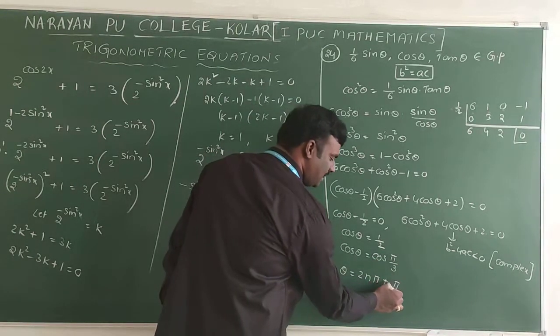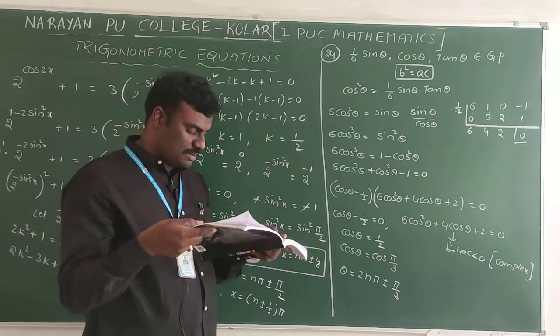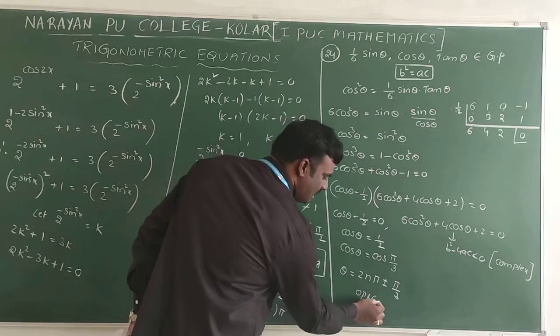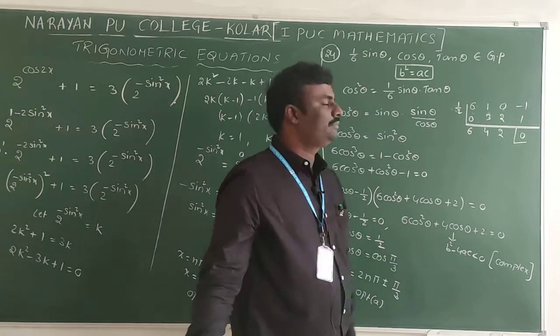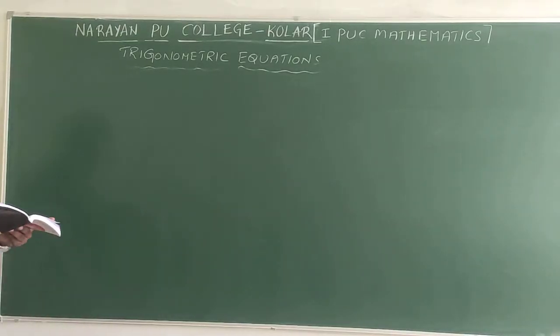That is nothing but pi by 3. This is the answer for question number 24. That is nothing but option A is the correct answer. Next, we will discuss question number 25.